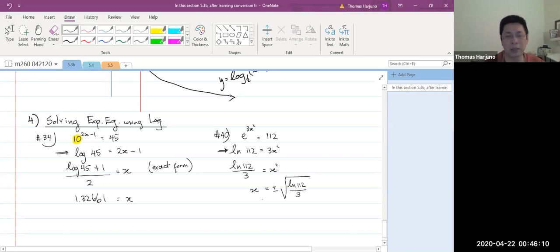Now, that's the exact solution, but we have an issue with the 3 inside the radical on the denominator. Let me clean it up. I multiply by 3 on the top and the bottom inside the radical. So I get plus or minus 1/3 square root of 3 times natural log of 112.